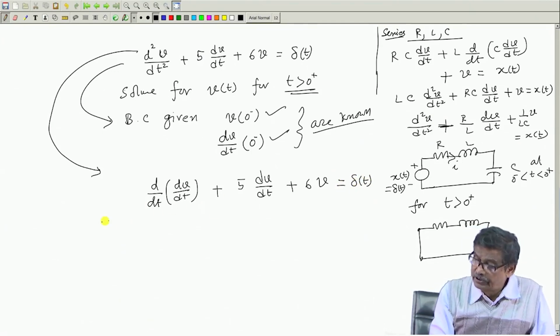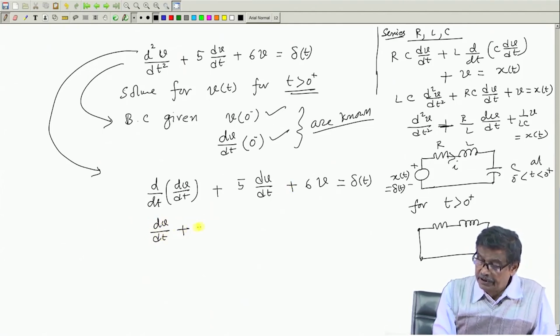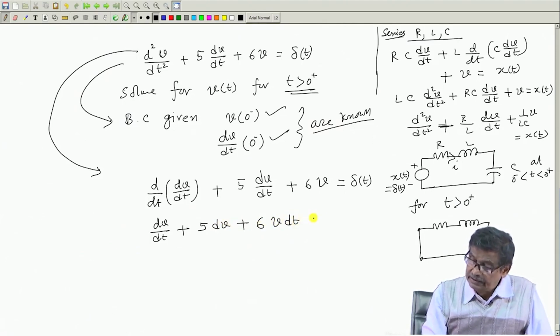I will multiply both sides by dt, so that it will become d of dv/dt, it will become 5 dv, and it will become 6v dt, and that will be equal to delta(t) dt.